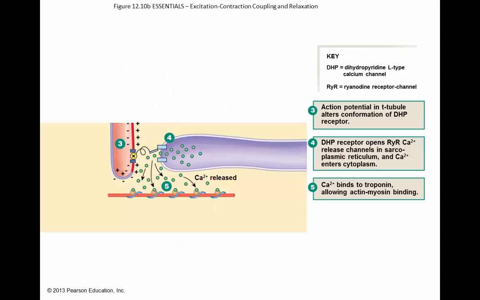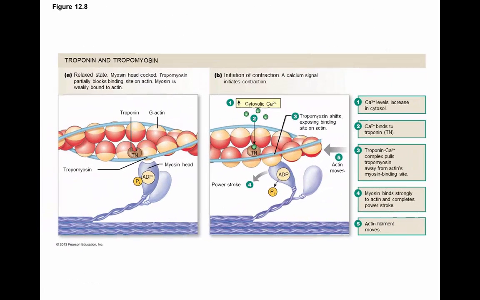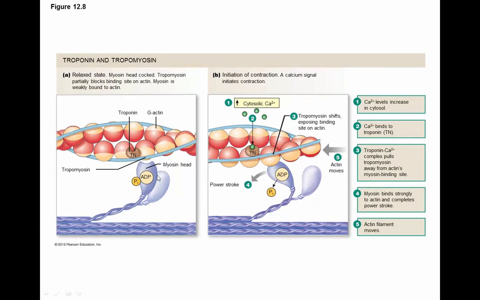So calcium is released, it binds to troponin C, the tropomyosin moves out of the way, and then myosin, which was blocked in relaxed muscle, is now able to bind to actin after calcium has bound to troponin.